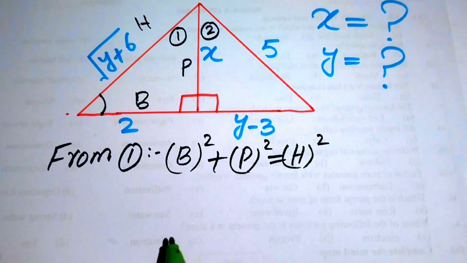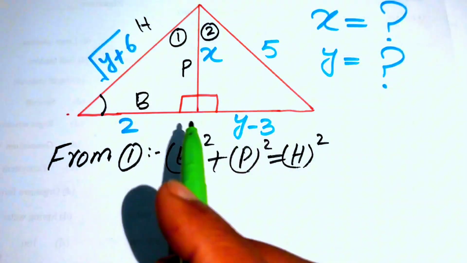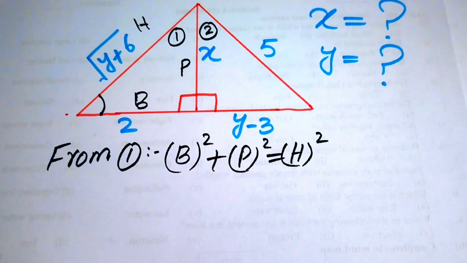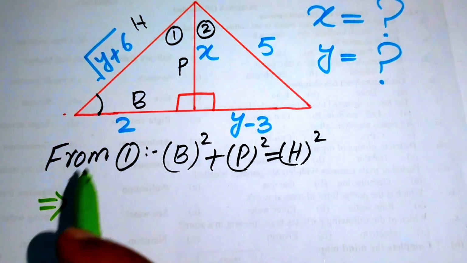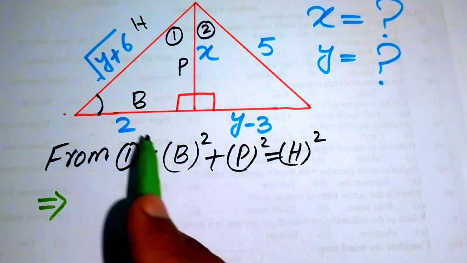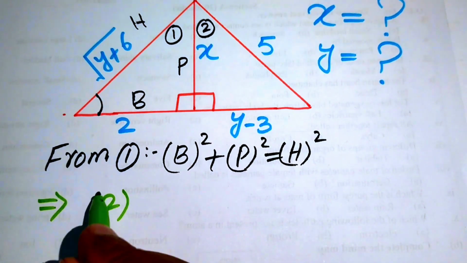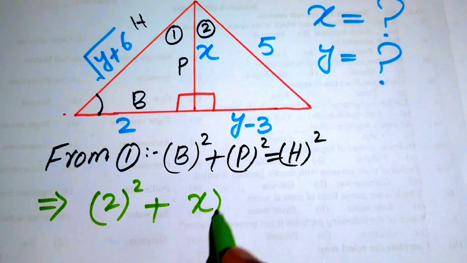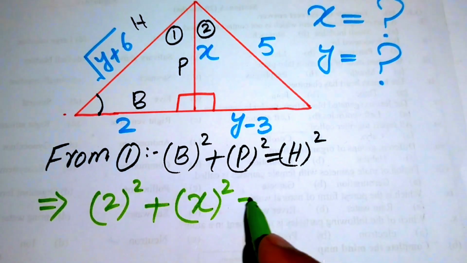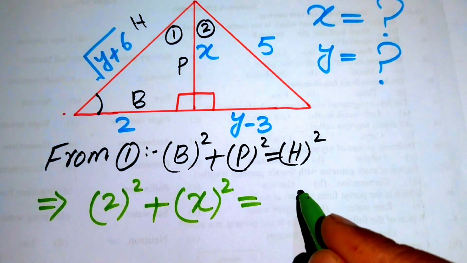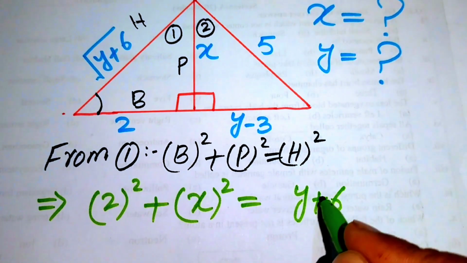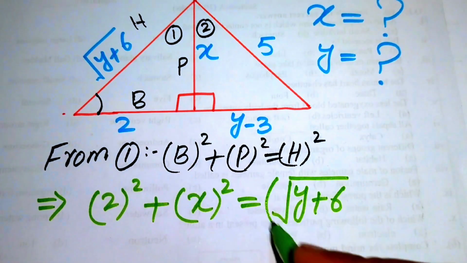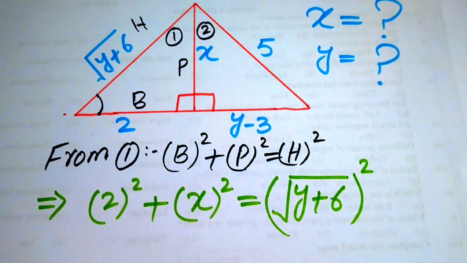Now we substitute the values of b, p, and h from right triangle 1. In right triangle 1 our base is 2, so it is 2 square, plus the perpendicular is x, so it becomes x square, and our hypotenuse is square root of y plus 6, and its whole square.